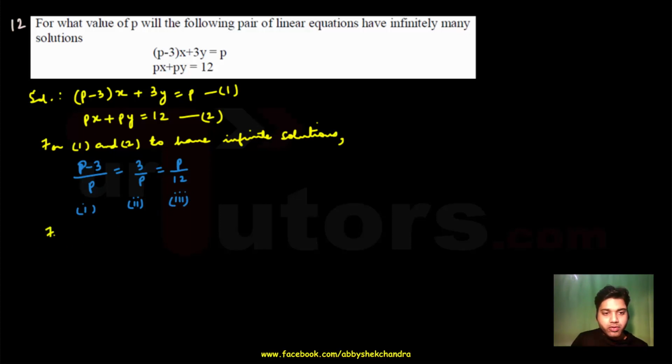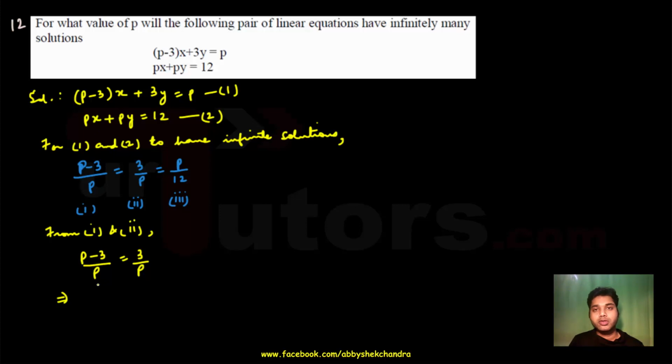Now from 1 and 2, (p minus 3) by p equal to 3 by p. Now one thing to note here is do not cancel these p's in the denominator. Why? Because p could be equal to 0, and if you cancel it, that result gets eliminated.